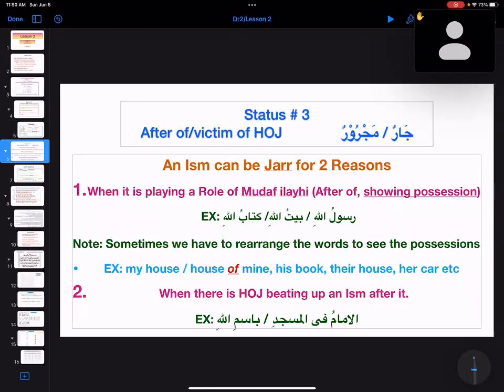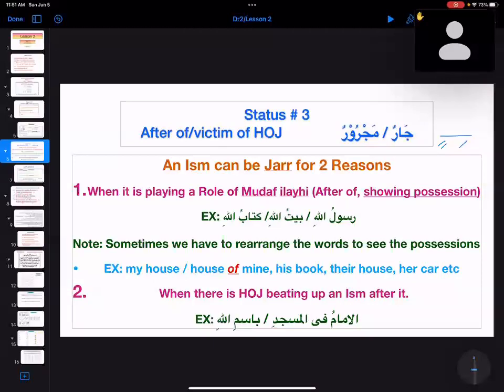Oh, sorry, which is jar majroor we are going to call. And jar majroor, as we said, what sound can it refer to? In or e sound. Okay, kitabin or kitabi, right? So that is going to refer to jar majroor.